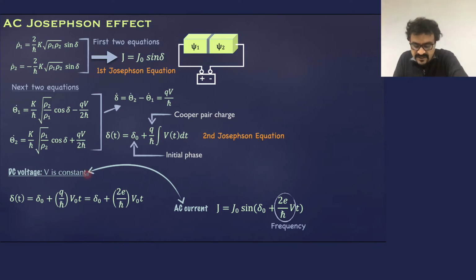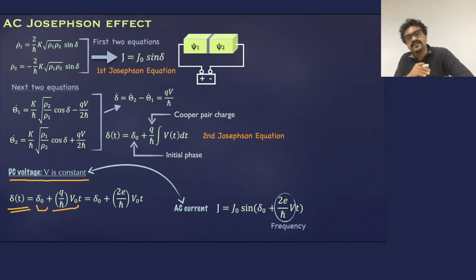So for a constant DC voltage, just like we mentioned now, δ(t) is given by δ0, this is the initial phase, plus q by ħ V0, that is the constant voltage applied, times the time. So the phase difference δ is a function of time when you have voltage applied. When you have a constant voltage, it is going to vary linearly with time.